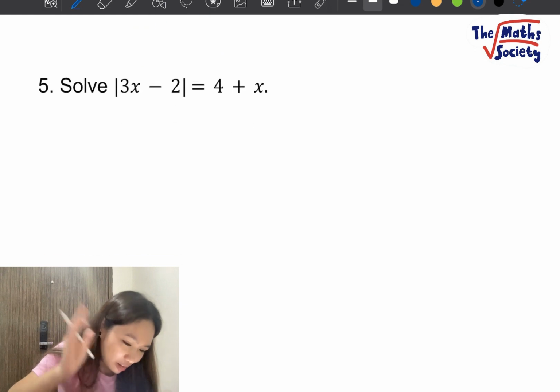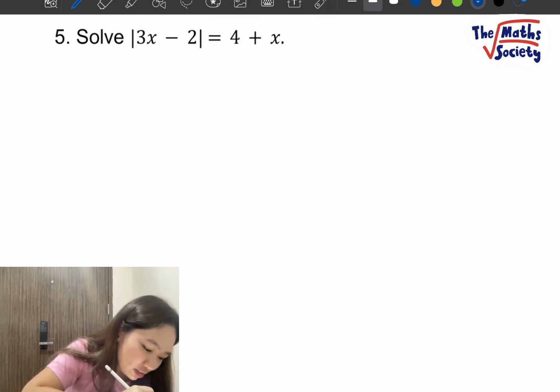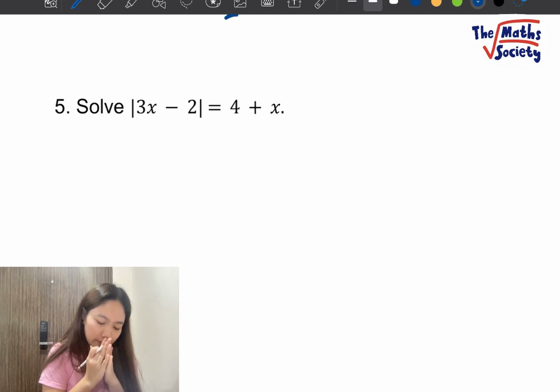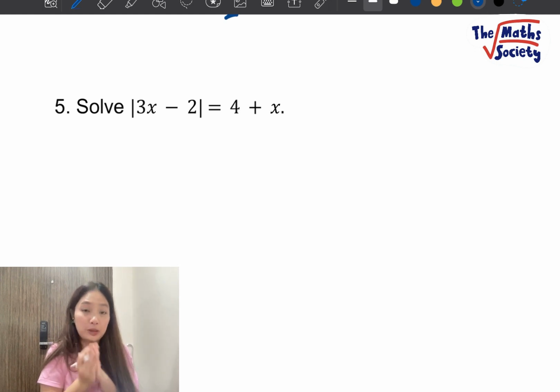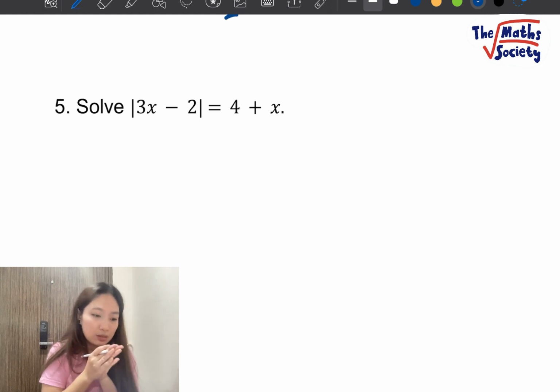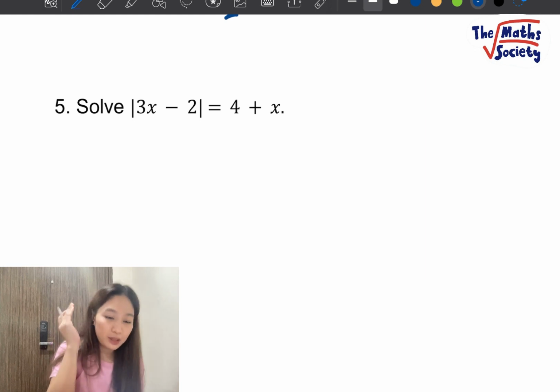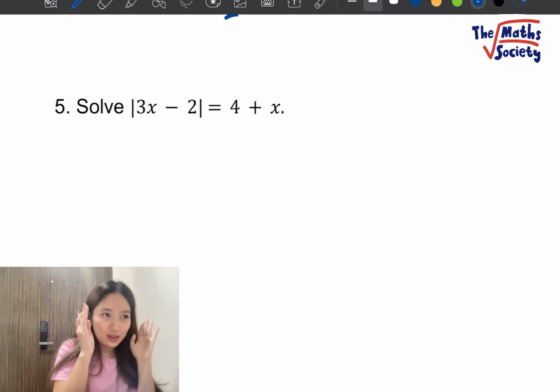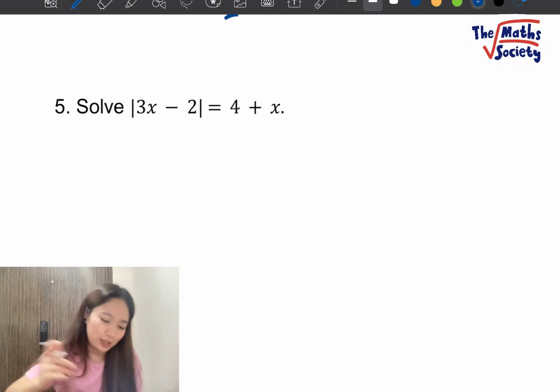Okay, so let's go to the last question, question number 5. There are two ways to solve this one. We can actually use the method from chapter 5, but since we are in chapter 1, I'll just use the chapter 1 method, which is plus: we'll solve the positive side first, and then we'll solve the negative one.